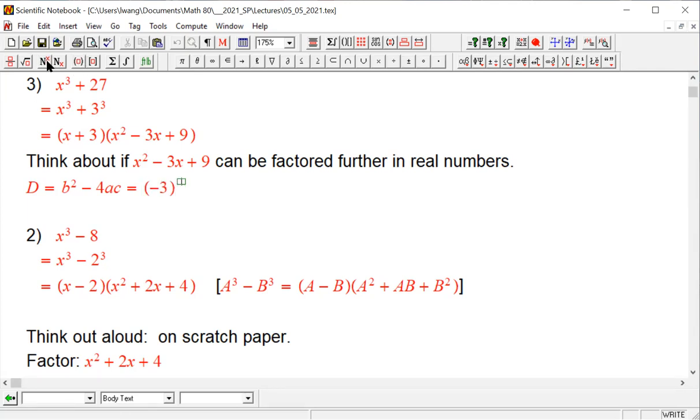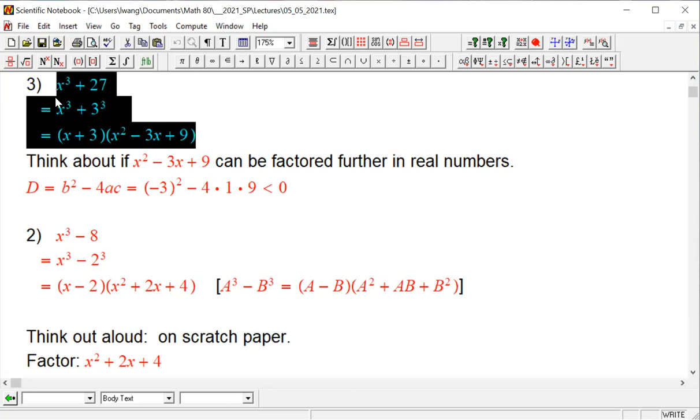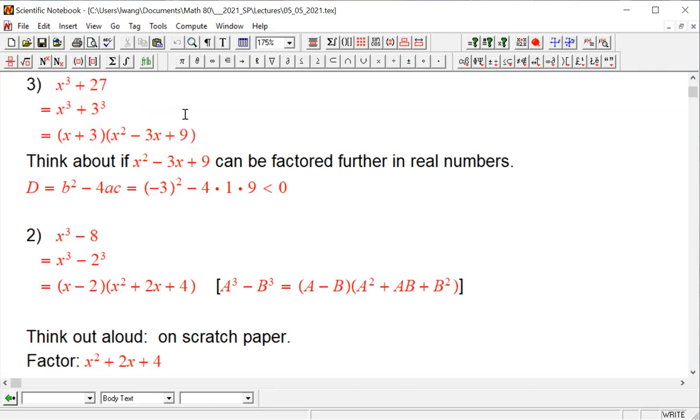Negative 3 squared minus 4 times a, which is 1, times c, which is 9. And this obviously is less than 0, right? 9 minus 36 is negative. So we don't have any more real number factors. So you can just stop here. That's all the work you need to show. Actually, just 2 lines, if the second line is optional. Are you guys with me? Has it been pretty easy so far? Yeah? Okay.